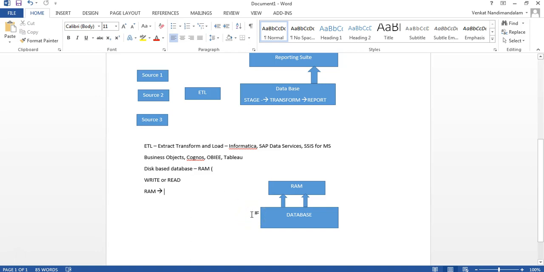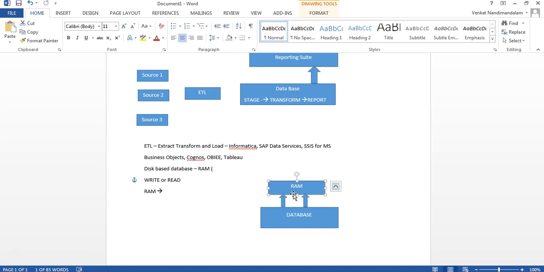Now we'll see how HANA can overcome those challenges. The other question that arises here is, we are talking about databases that were built maybe 20 or 30 years ago, when memory cost was too expensive.